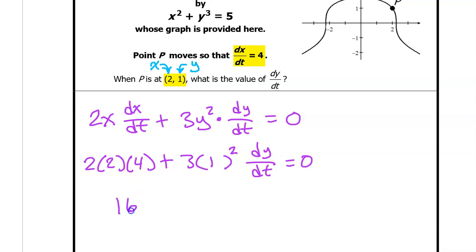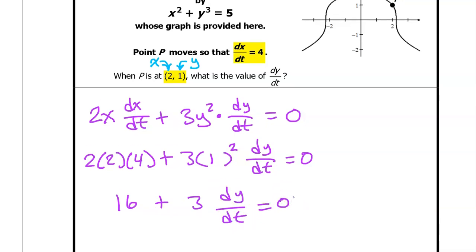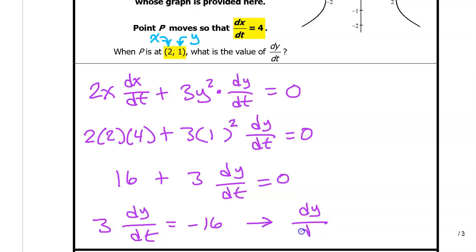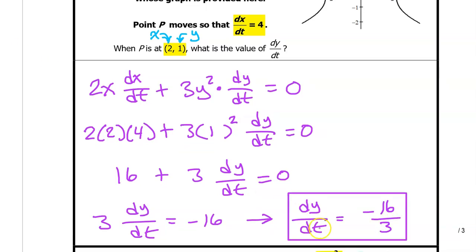So we have 16 plus 3 dy dt is equal to 0. Subtracting 16 from both sides gives us 3 dy dt is equal to negative 16. Dividing both sides by 3, we have dy dt is equal to negative 16 over 3. So that's the final answer for number 10.